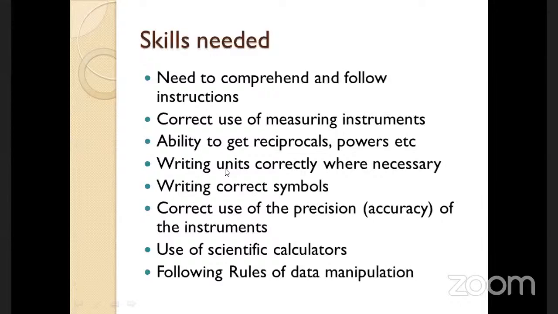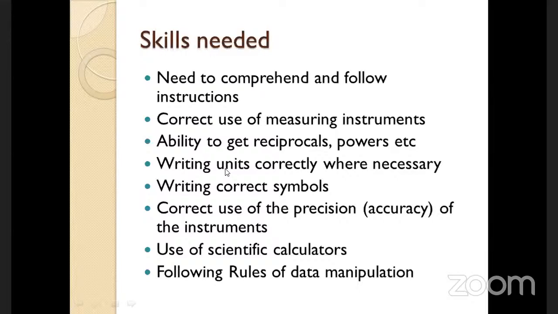So the first thing we shall have to know is how to measure using vernier calipers. Then the second thing, if we know how to measure using it, what is the precision? What is the accuracy of the instrument? The accuracy is the smallest unit to which the instrument can take a measurement.